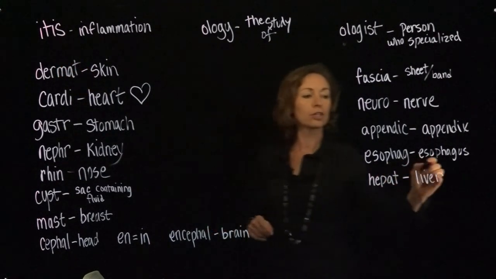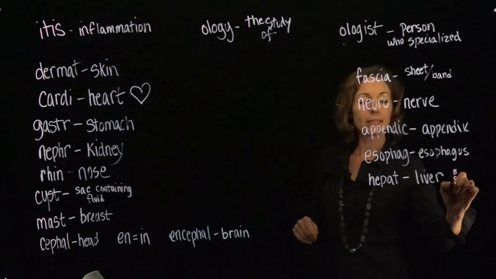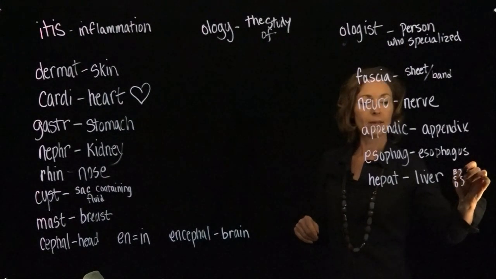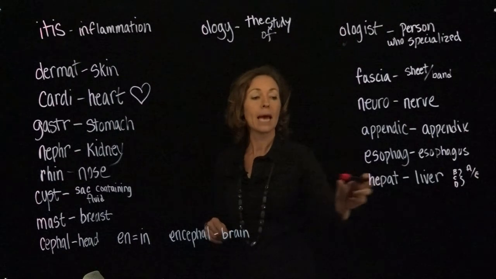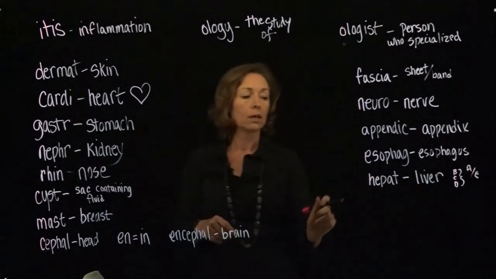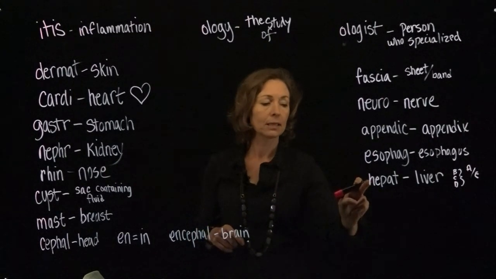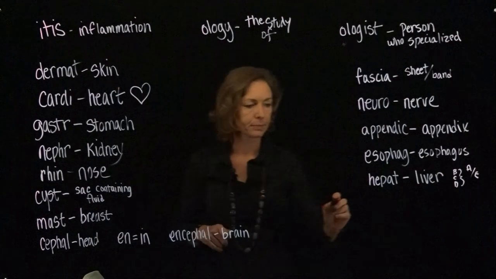I know you got your shot for hepatitis B, and there's B, C, and D, and those are all blood-borne hepatitis. And there's A and E, and those are oral fecal type of hepatitis. When you hear somebody has hepatic issues, you know we're talking about their liver.